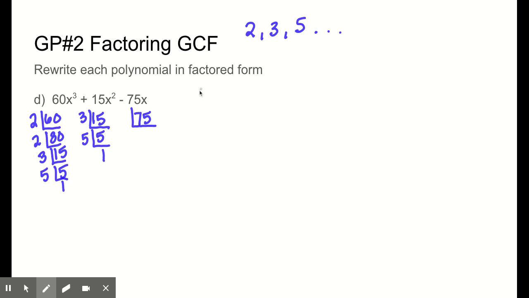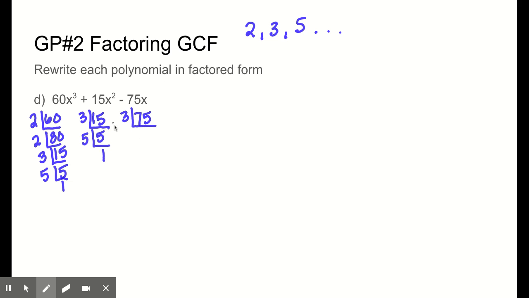Now, one of the tricks to figuring out if a number is divisible by 3 is to add your digits together. So 7 plus 5 is 12. If the number that you get when you add your digits together is divisible by 3, then your original number is divisible by 3. 12 is divisible by 3, therefore 75 is divisible by 3.